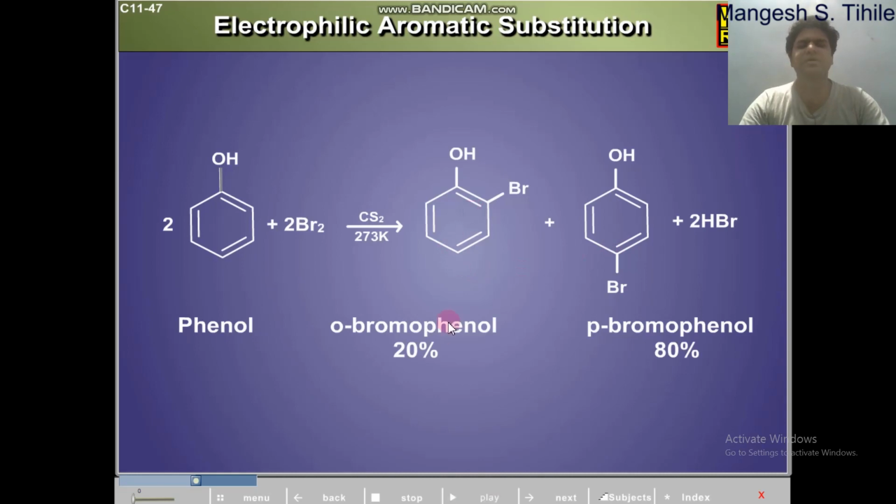The product of orthobromophenol is 20% and parabromophenol is 80%, because here steric hindrance occurs in between the hydroxy group and bromine, therefore the stability is less, and here there is less interaction in between the hydroxy and bromine, therefore stability is greater, and hence the percentage yield of parabromophenol is major.